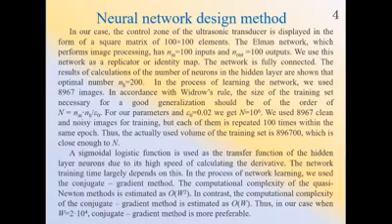In our case, the control zone of the ultrasonic transducer is displayed in the form of a square matrix of 100 by 100 elements. The Elman network, which performs image processing, has 100 inputs and 100 outputs. We use this network as a replicator or identity map. The network is fully connected.